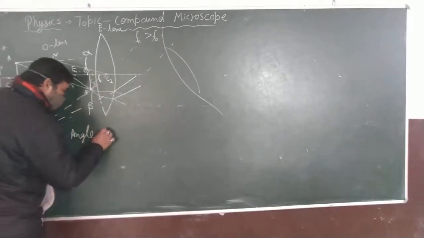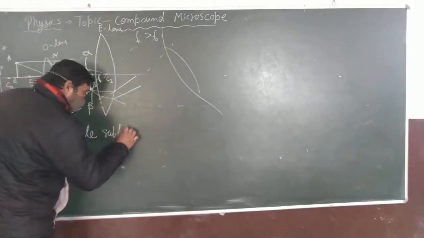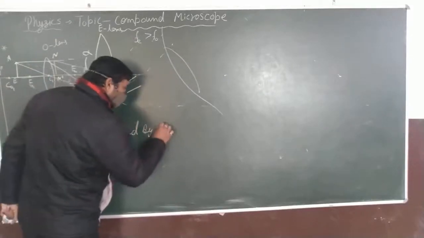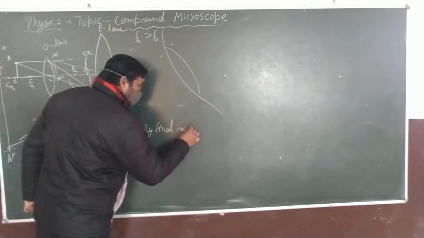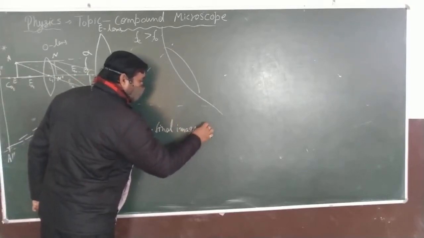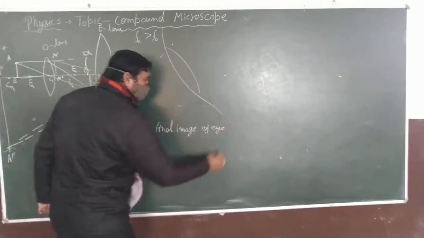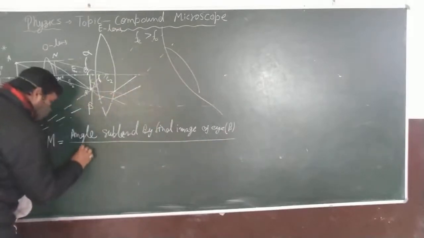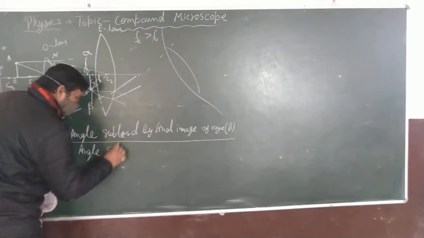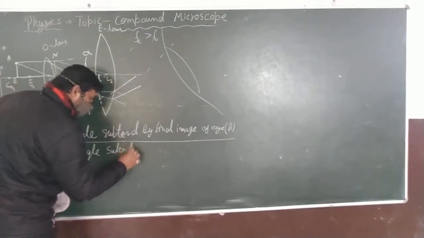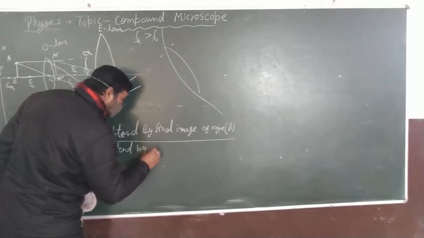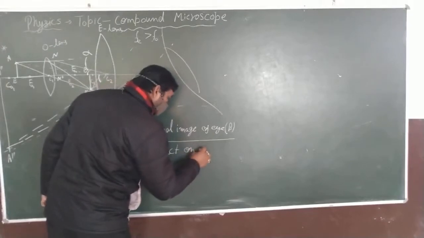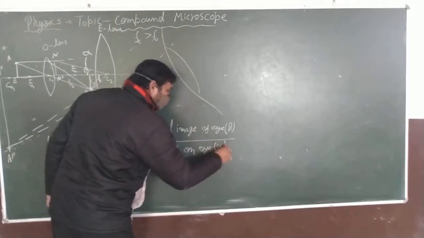So the angle subtended by the final image on the eye, that is beta, to the angle subtended by the object on the eye, which is alpha.